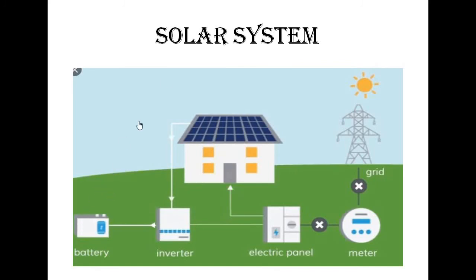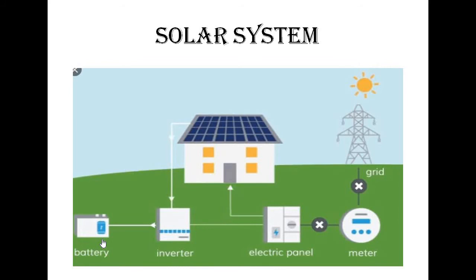After that, we discuss the simple solar system. The typical solar energy system includes solar panels and inverter equipment, equipment to mount the panel on your roof, and a performance monitoring system that tracks electricity production.